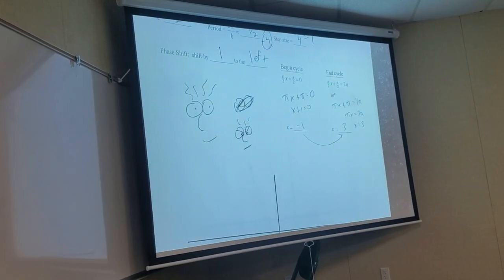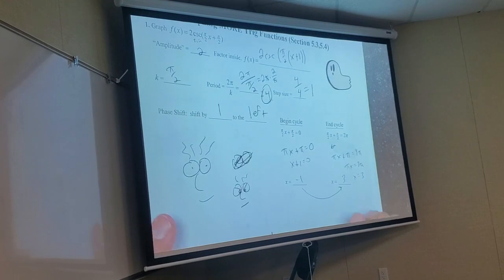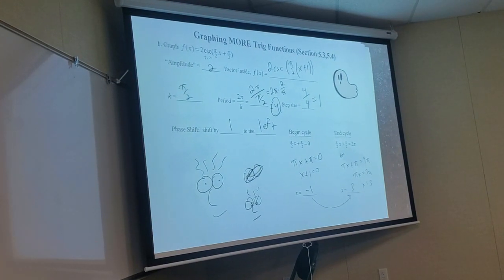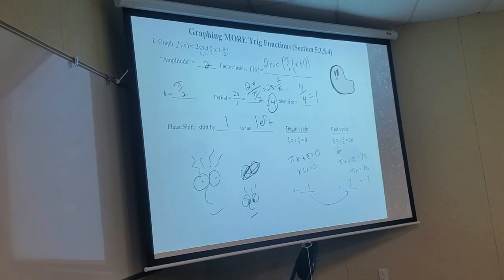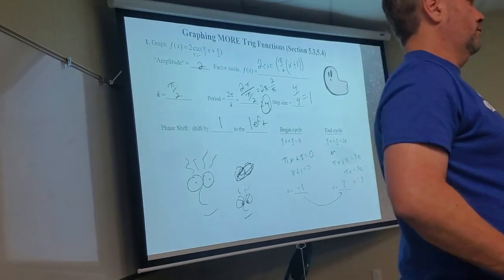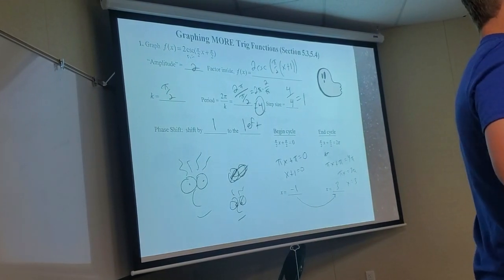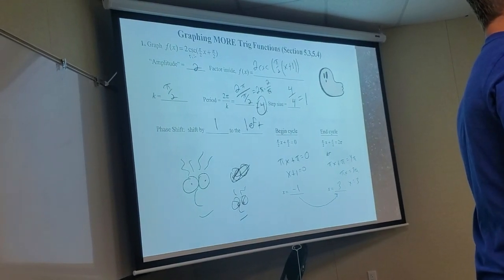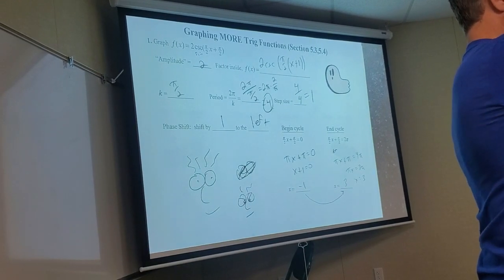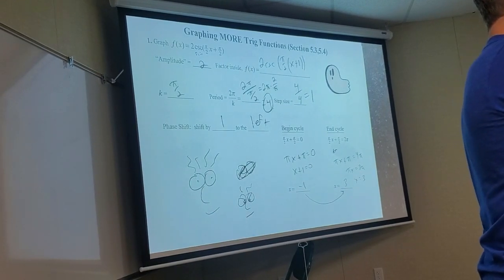What's our step size? Isn't it 2 pi over 4, which would be pi over 2? Okay. So if the period was 2 pi, then it would be 2 pi divided by 4. What is our period? 4. So then I chop that up into 4 steps.